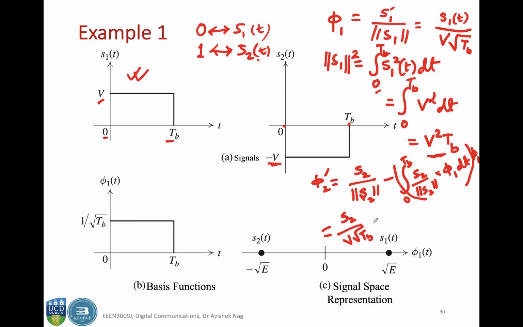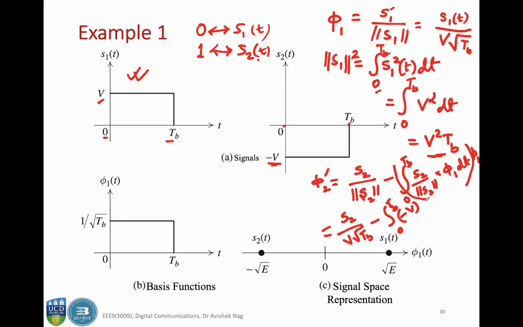And then if you compute this expression, plugging in all the values, your phi 1 is S1 divided by V root TB. So here you are getting the integral from 0 to TB, where your S2 is minus V between 0 and TB, and your phi 1 is S1t divided by V root TB.